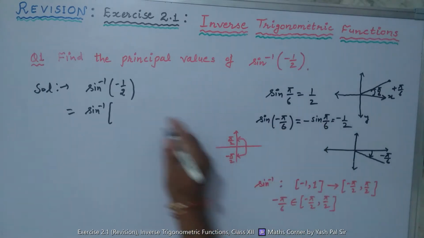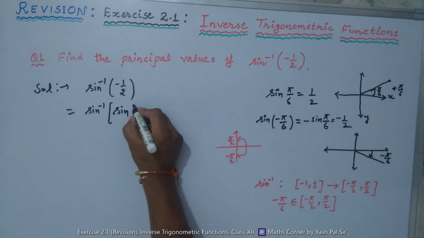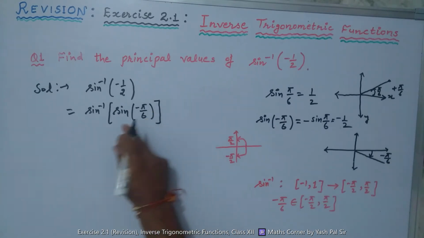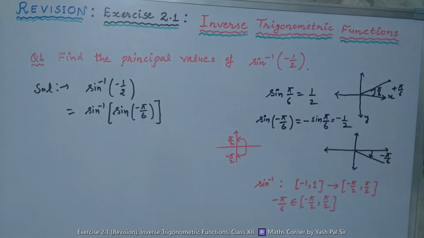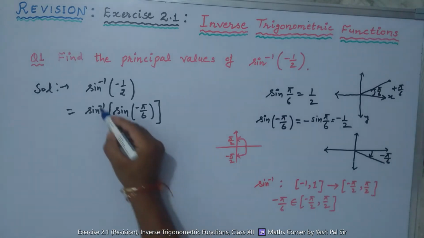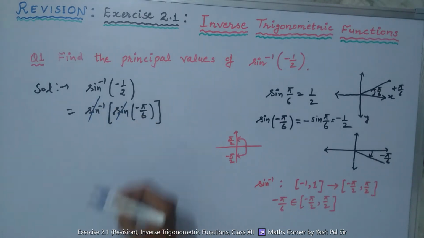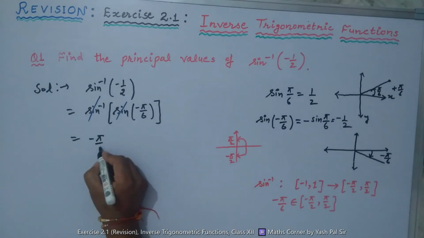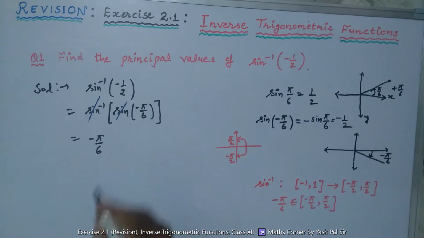This is sine of minus pi upon 6. So sine inverse cancels with sine. So the answer is minus pi by 6. This is the principal value of the given function.